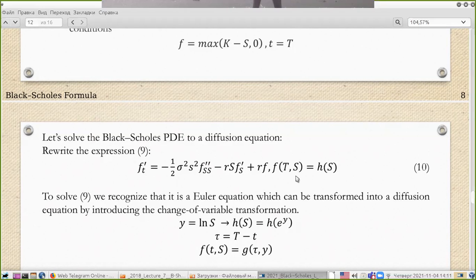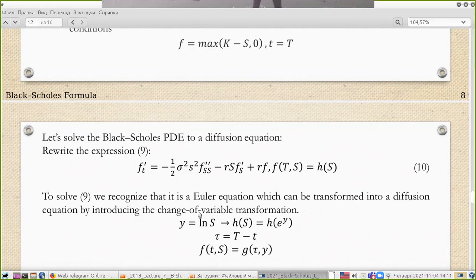And let's denote f from T capital and s as function h from s, because T capital is a constant, it is the time to maturity, time to exercise the option.